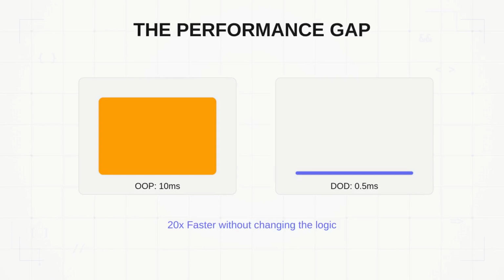Furthermore, because the access pattern is predictable, the hardware prefetcher can look ahead and bring the next cache lines from RAM before the CPU even requests them. This effectively hides the memory latency. Modern engines like Unity with their ECS system, or the Bevy engine in Rust, are built entirely around this principle to maximize throughput.